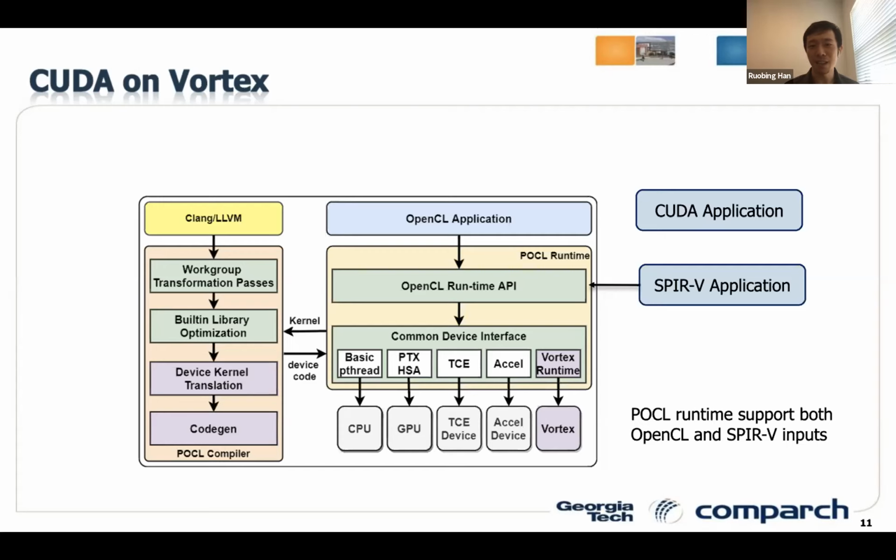So it seems a challenge, but as I said before, the POCL runtime can not only support OpenCL, but also support SPIR-V as input. This gives us a chance to support CUDA on Vortex. To support CUDA, we have to do an extra step compared with the original OpenCL: we have to first convert the CUDA into SPIR-V, and then input the SPIR-V into the POCL runtime and do the same things as the OpenCL route.